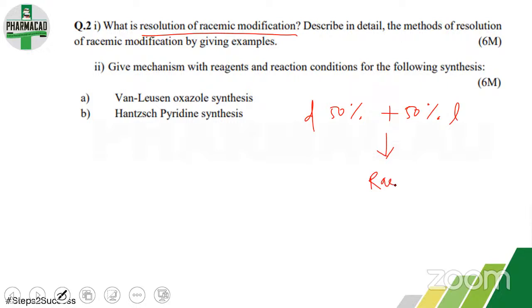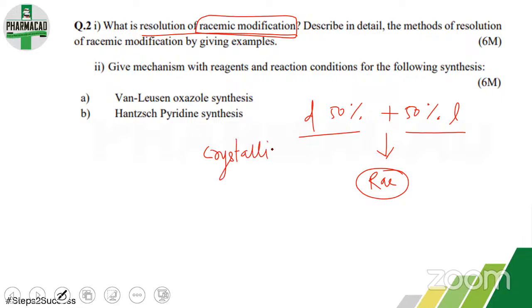If we want to separate this dextro and levo from the racemic mixture, we have to use the techniques of racemic modification. It has different techniques. The first technique is the mechanical method, which uses crystallization. In this method, first we crystallize the whole racemic mixture.